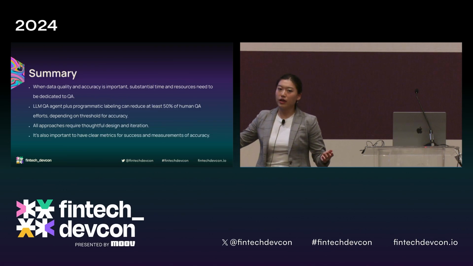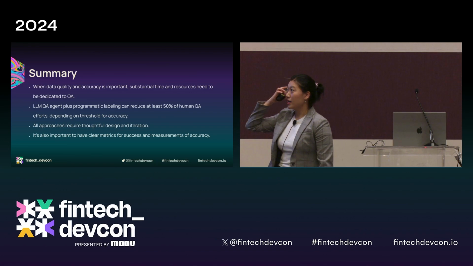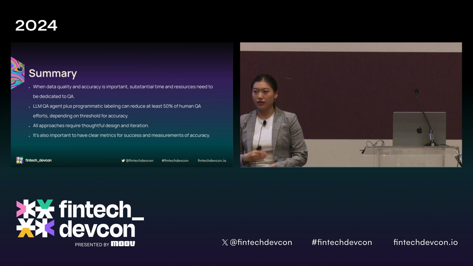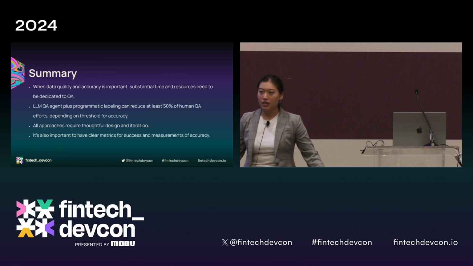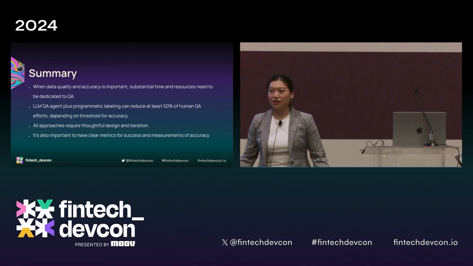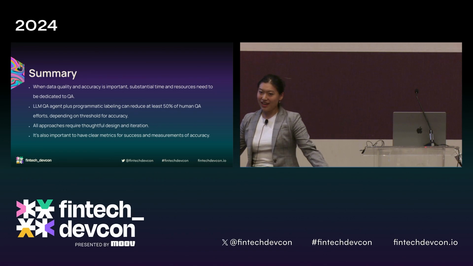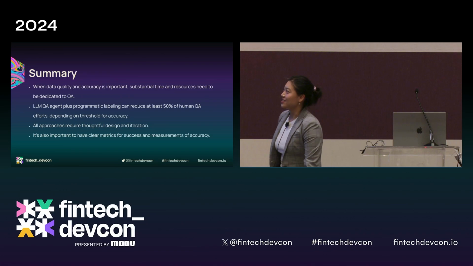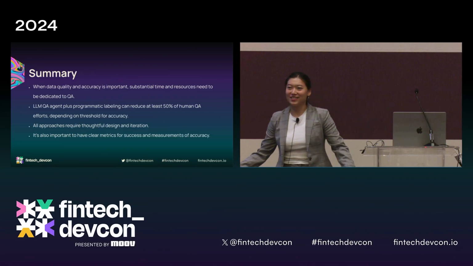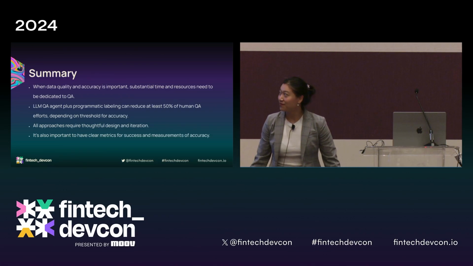Also, the accuracy rate that we've seen is just at this point in time. Models iterate every day, so next year, the model will perform even better. So let's embrace the change and make the QA process faster and more scalable.